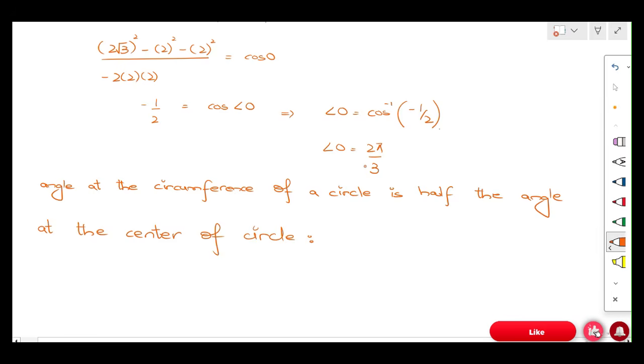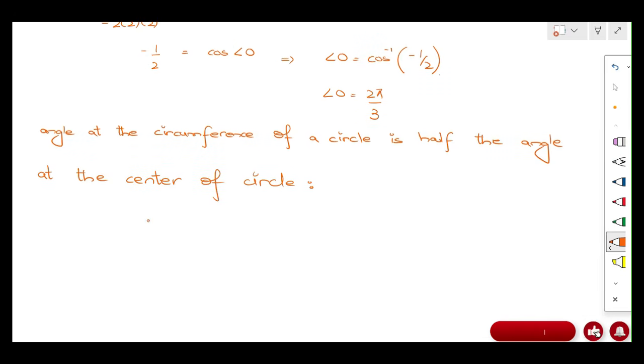Okay, so the angle at the center of a circle is 2 pi by 3. So what would be the angle at the circumference of the circle?